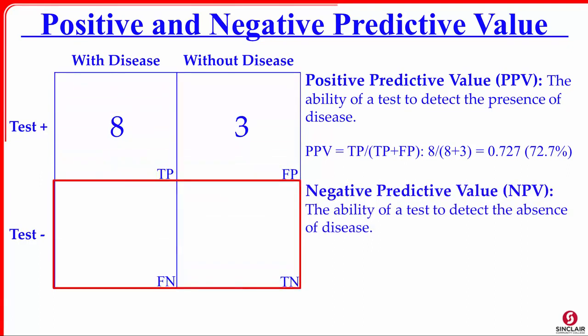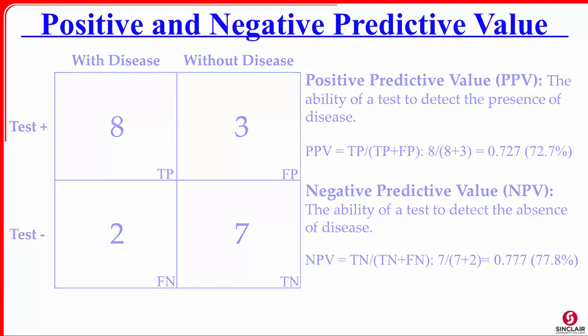So negative predictive value is the probability of not having the disease when the test is negative. In our example, we had 2 people with false negatives, and we had 7 people with true negatives. Our formula here is to divide the true negatives by the true negatives plus the false negatives, giving us a negative predictive value of 77.8%.